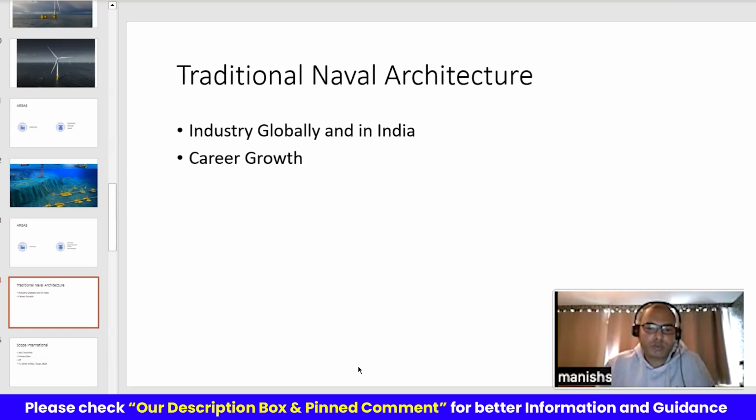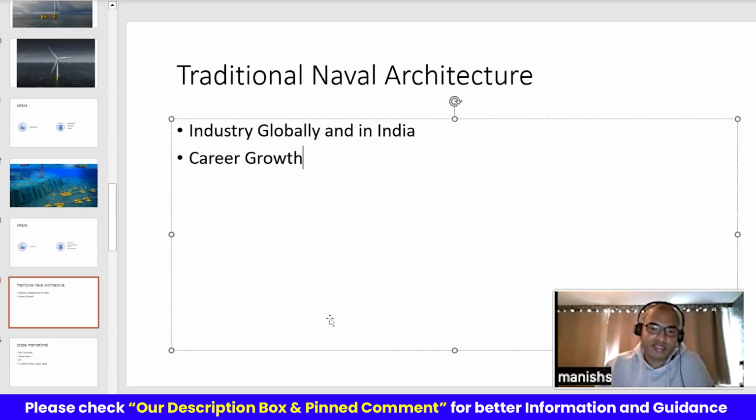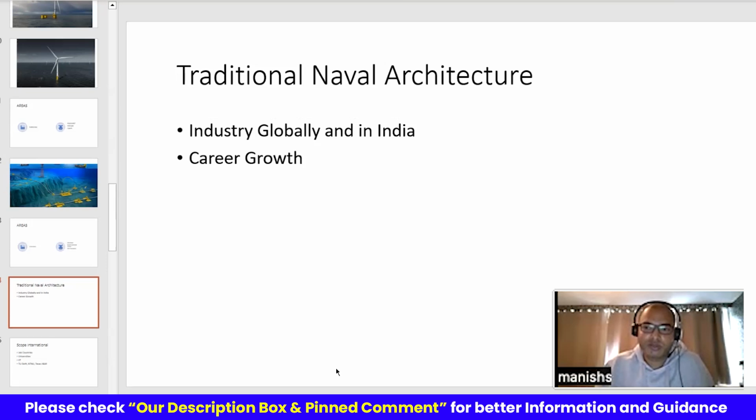And the biggest provider of work, I would say, is the Indian Navy, because the Indian economy is growing 7% every year, and the Indian Navy is growing. And I think the BJP government has huge plans, Modi ji talks about the next 1,000 years. So the Indian Navy is going to keep expanding.